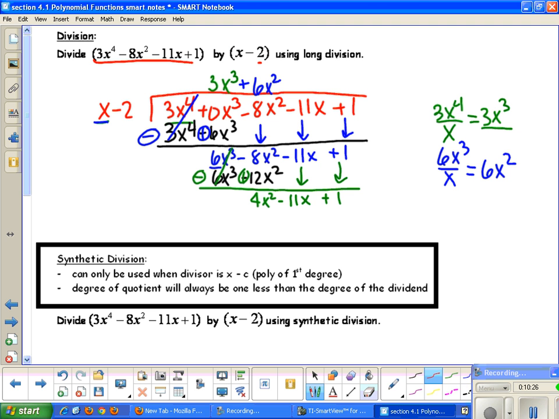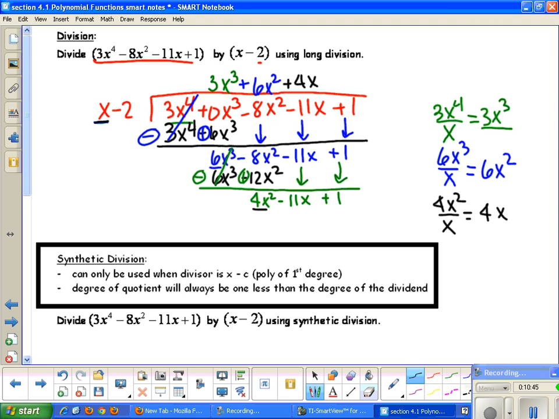Now I am trying to see how many times this x goes into 4x squared. So I'm going to do my math off to the side. 4x squared divided by x gives me 4x. I have to line that up with my linear term, so it's positive, so plus 4x.